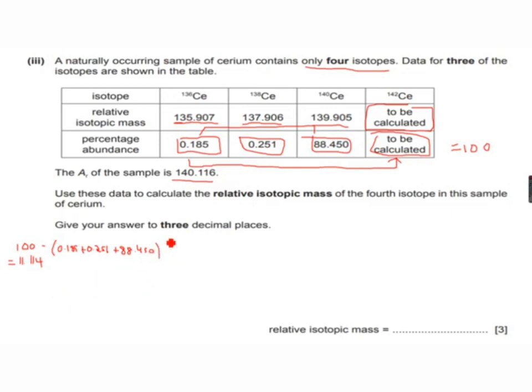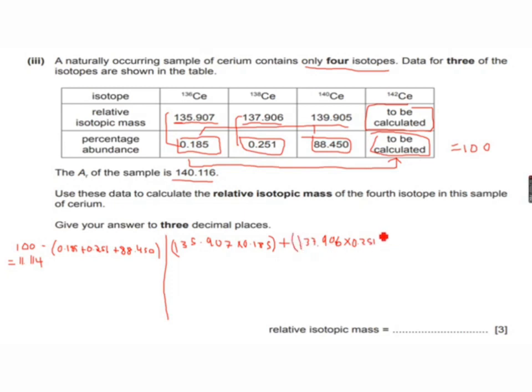Now let's apply the formula of AR. We know that AR, so first we will multiply 135.907 with its percentage abundance 0.185, plus, so we have multiplied these two together, then we will multiply these two together, plus 137.906 into 0.251.